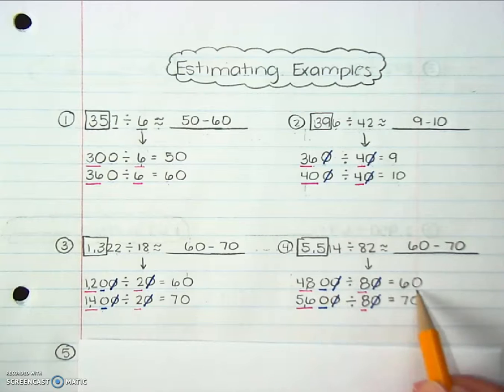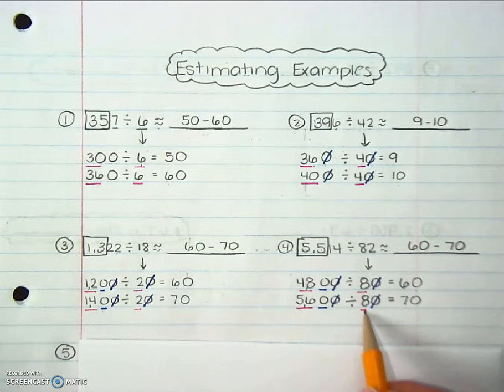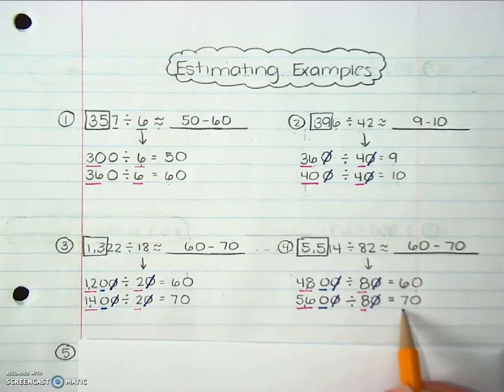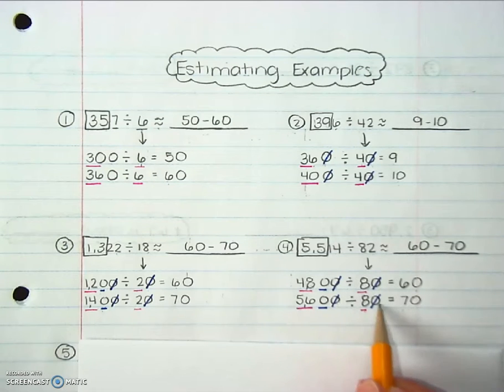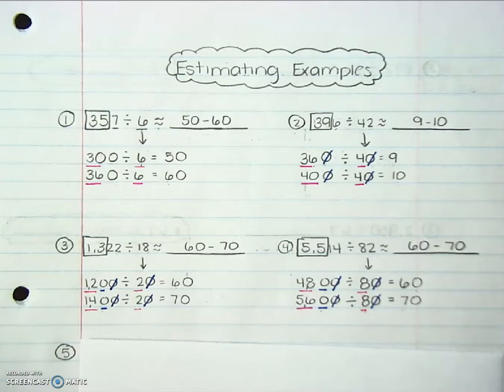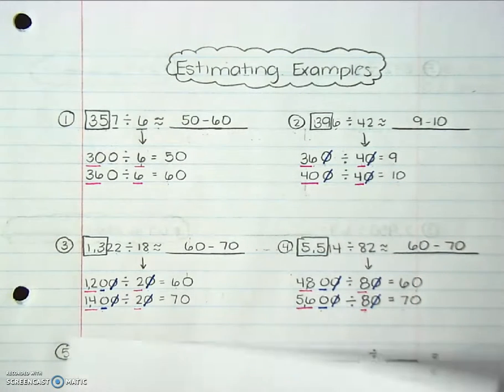My 1 extra 0 made that 6 into 60 groups. And 5,600 divided by 80 had the basic fact of 56 divided by 8, which was 7. And I had 1 shared 0. So the one I had left over told me that I was making 70 groups, which told me my range was between 60 and 70.